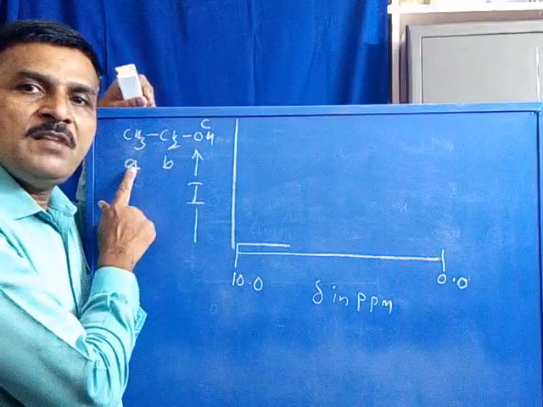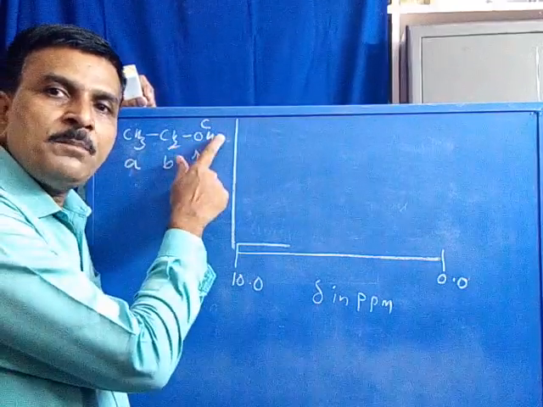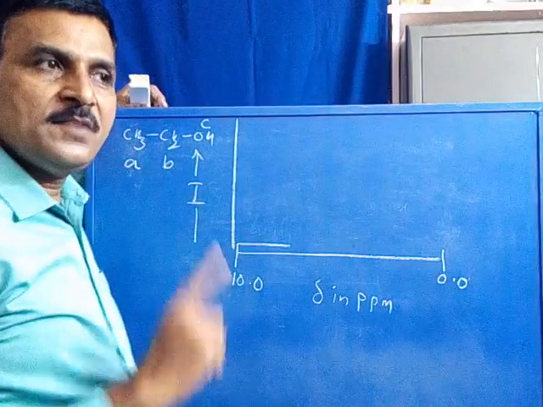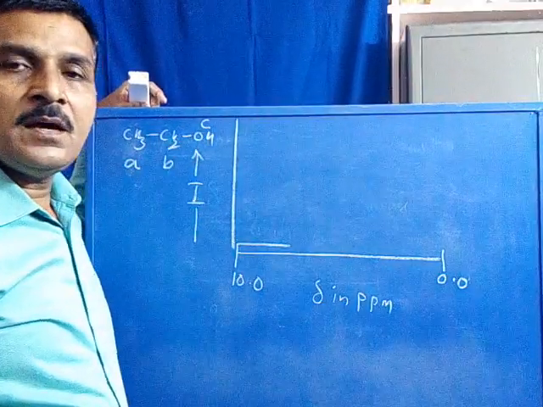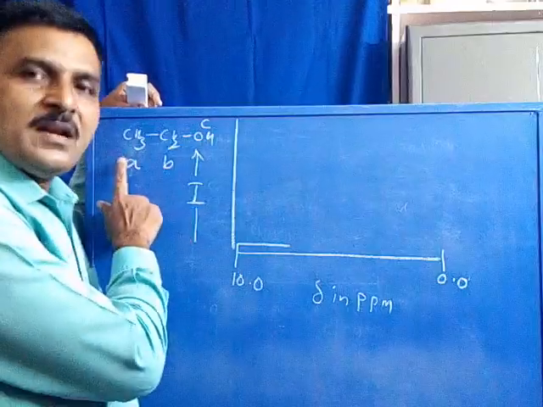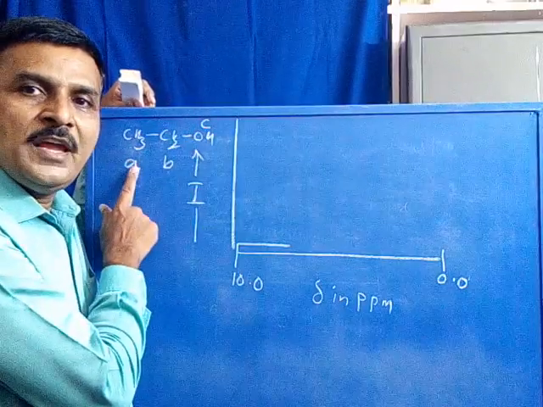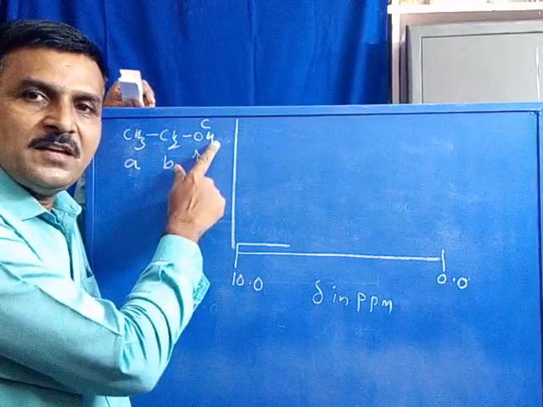Because A differs from B, and B differs from C, with respect to electron density, which we learned in yesterday's class.